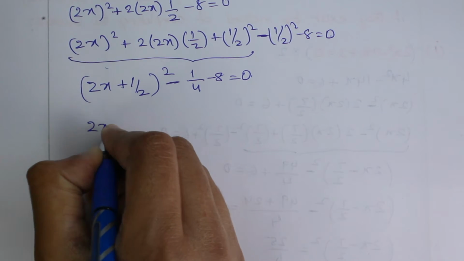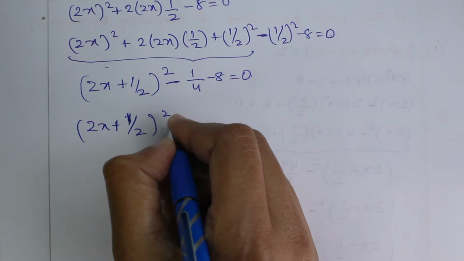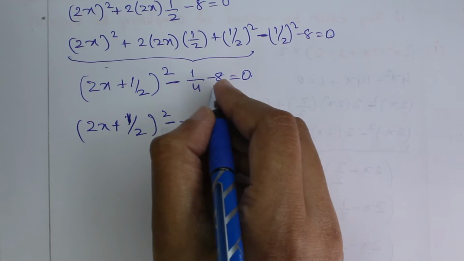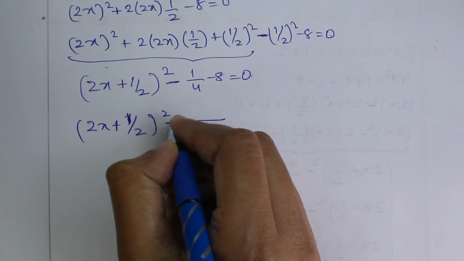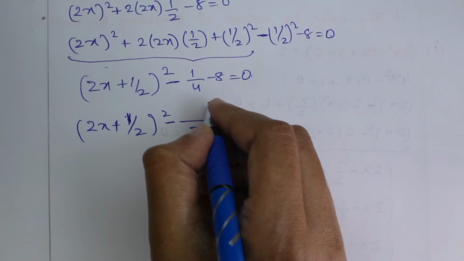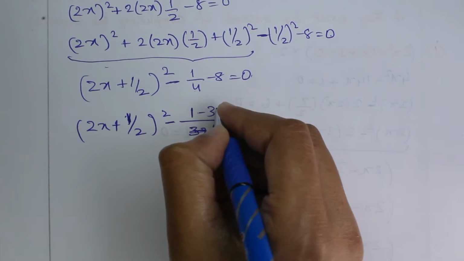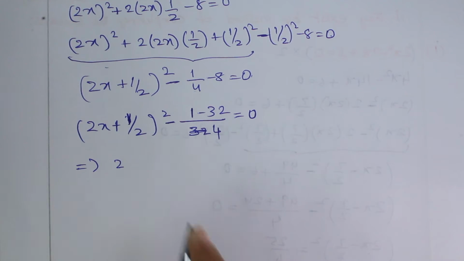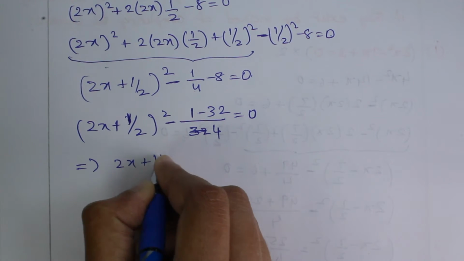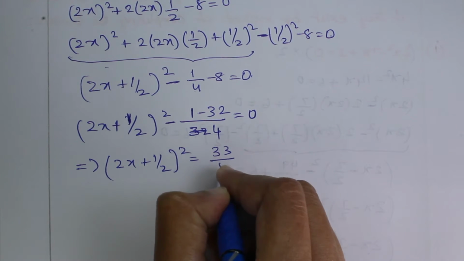So this becomes 2x plus 1 by 2 whole square minus 1 minus 32 by 4 is equal to 0. That implies 2x plus 1 by 2 whole square is equal to 33 by 4.